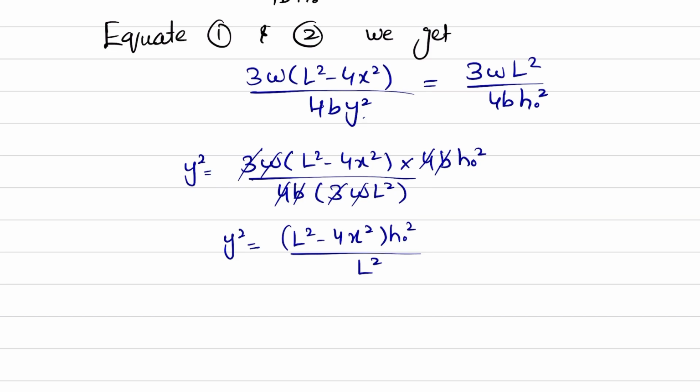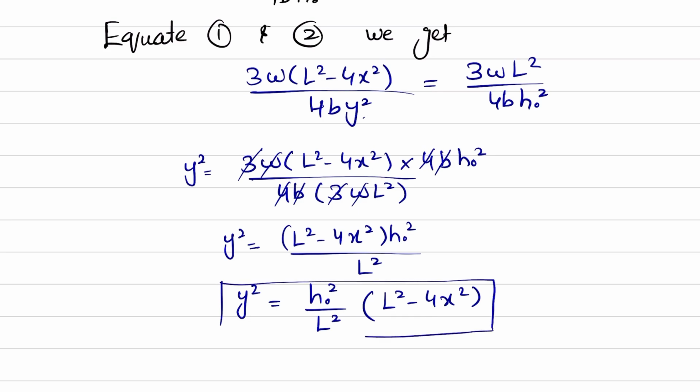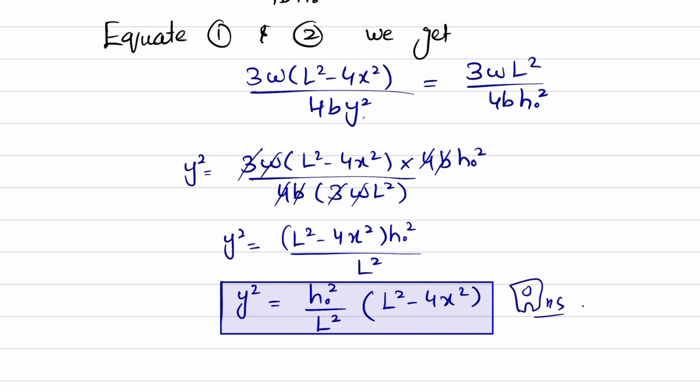Okay, so h naught square over l square into l square minus 4x square is equal to y square. So this is the height y with respect to x, and that is the variation of height with respect to x.